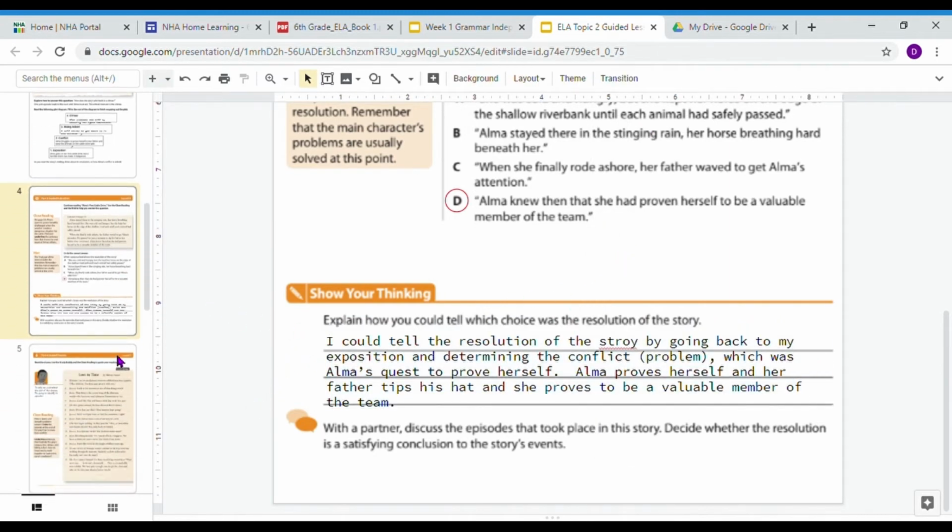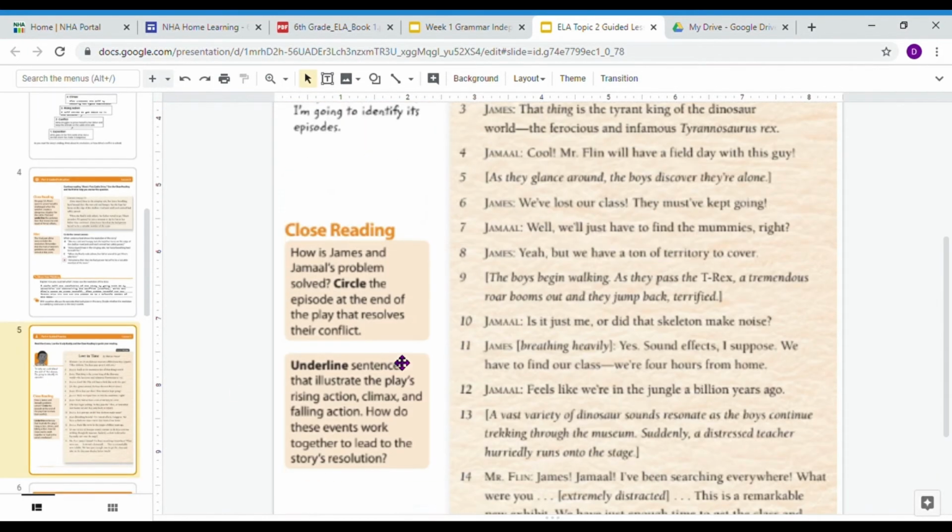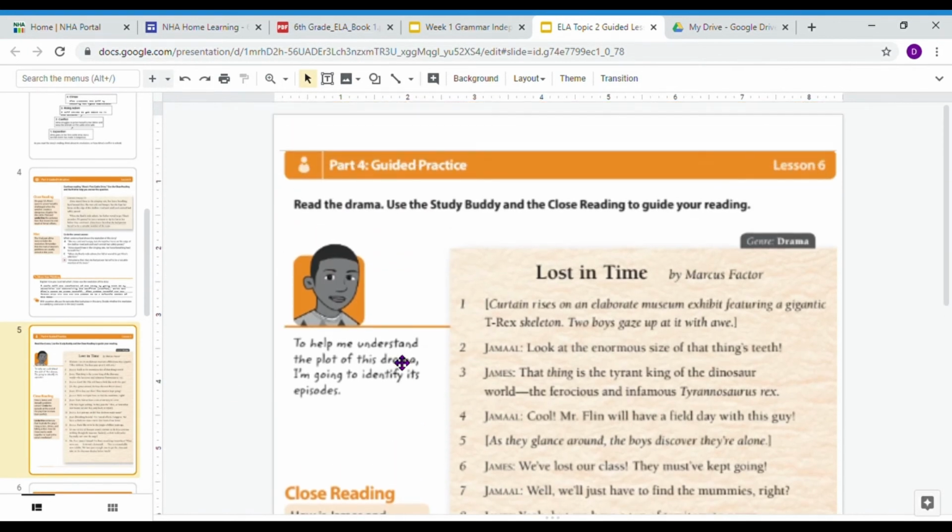And then here is our final part, our guided practice. Read the drama, and that drama is a play. And using the study buddy and the close reader to guide our reading. So let's look at our study buddy first. He says, to help me understand the plot of this drama, I'm going to identify its episodes.